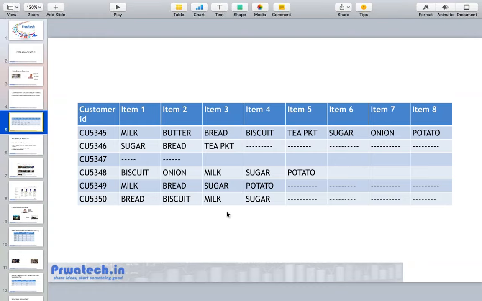Suppose it includes customer ID, item 1, that is a product, item 2, item 3, item 4, up to item 8. Like this, that data exists in the shopping mall's database. From this database, you have to find the patterns of how customers are buying products from that particular shopping mall.